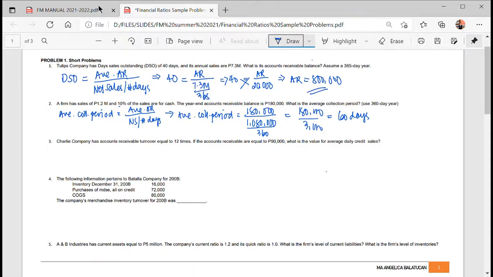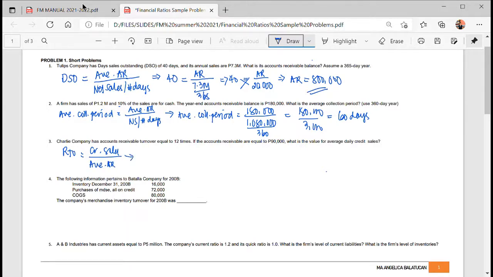You're going to use the RTO formula. The RTO, the AR turnover, is equivalent to credit sales divided by your average AR.